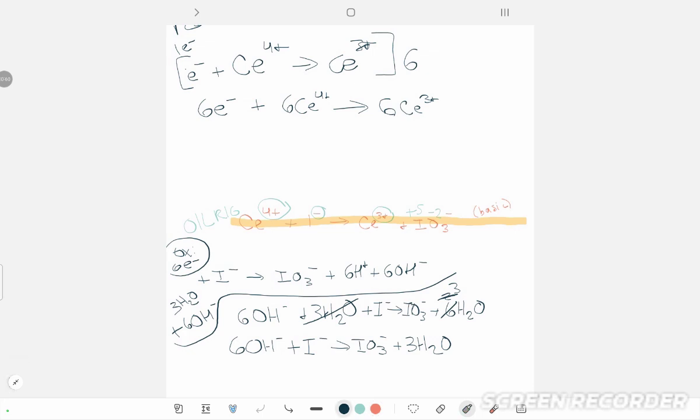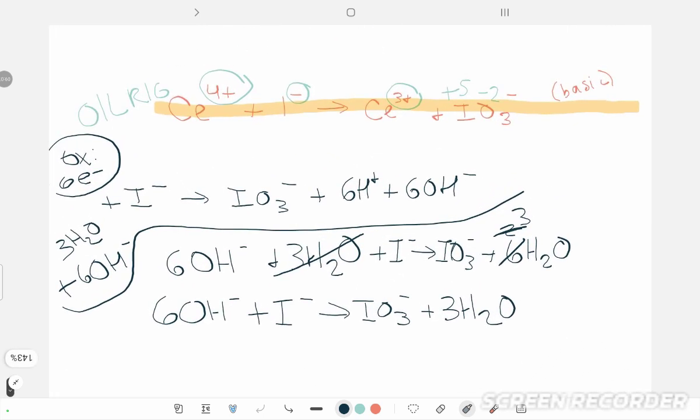And down here, since this was oxidation, we have our 6e on the right. So when I write the equations, I just cancel out the 6e's. I don't even write them in because there's going to be one on each side. So they are just going to instantly cancel out.